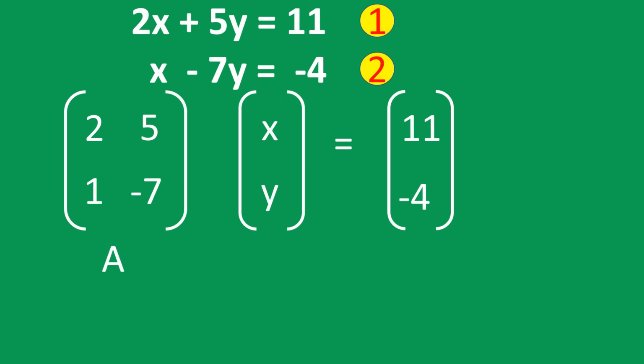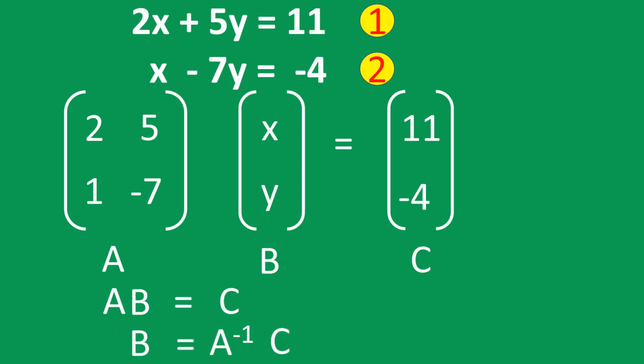So we can call the first matrix A, where we have the variables x and y we can call it B, and where we have the constants, 11 and minus 4, we can call it C. So A times B gives us C, which means AB is equal to C. But we are trying to solve for x and y, and therefore we make B the subject of the formula.